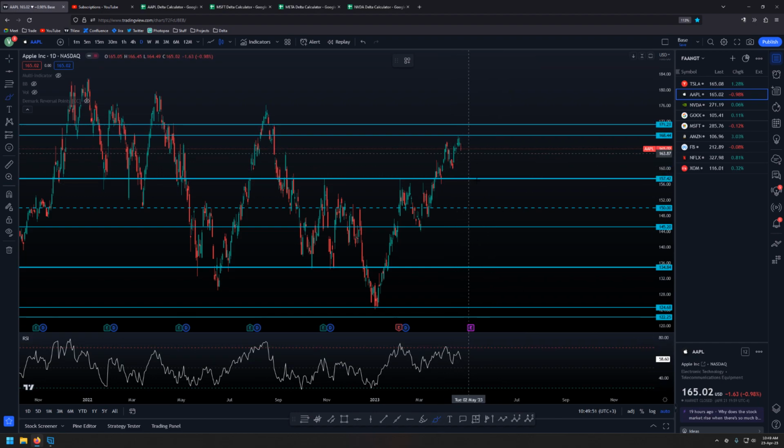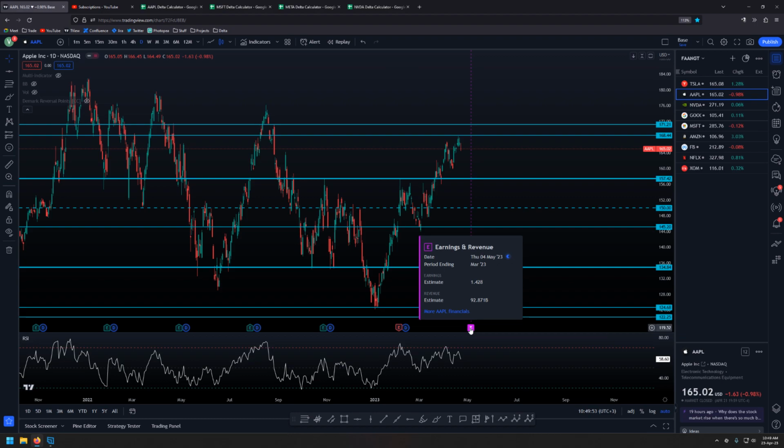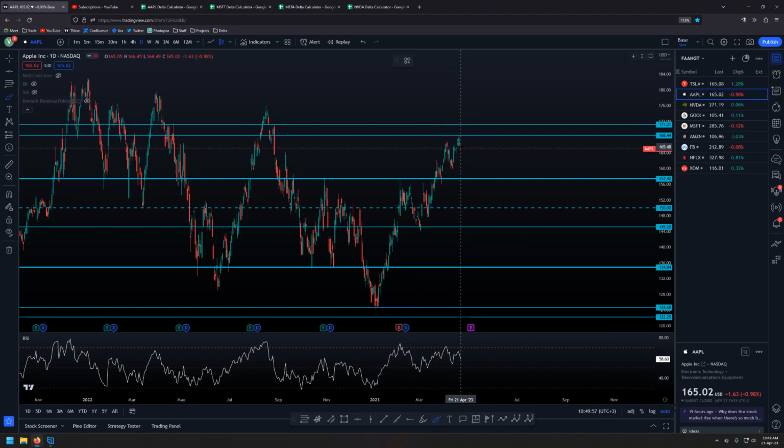So again, when does Apple have earnings? On Thursday. This move goes higher, potentially on the bullish case, and then it goes down. And the target for going down is 150, 155.